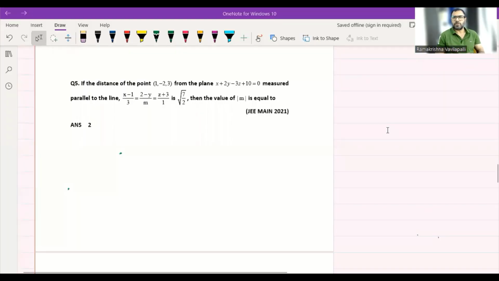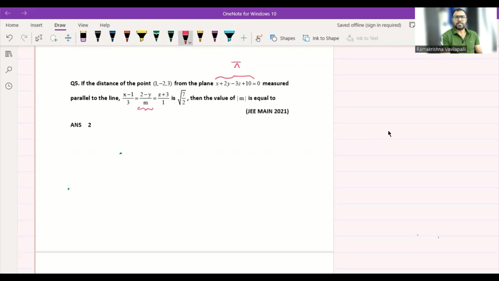So here is another model based on finding the distance of a point from the plane pi measured parallel to another line. Here the line is not in standard form.